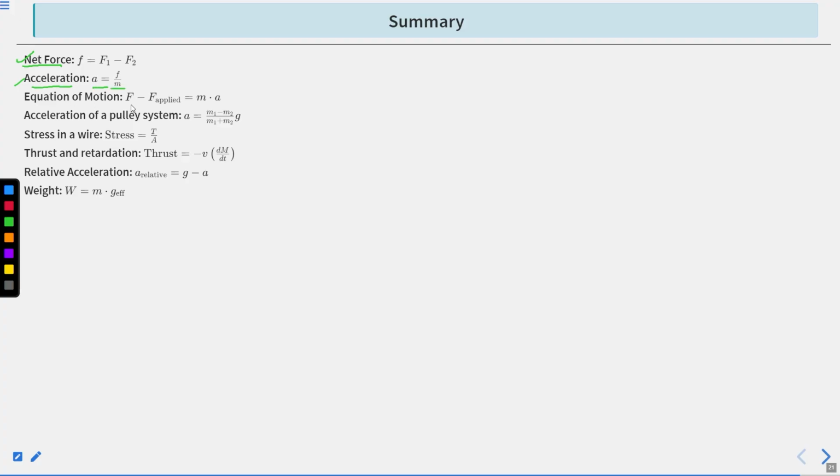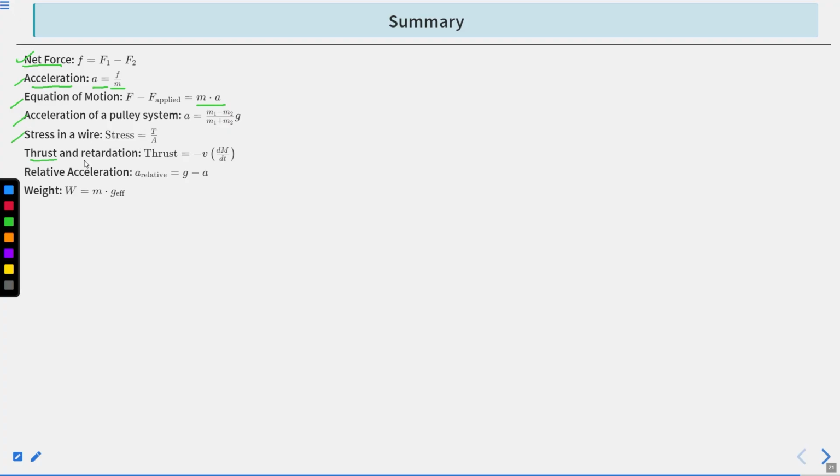Equation of motion: F minus F applied equals m a. Then acceleration of a pulley system a equals (m1 minus m2) divided by (m1 plus m2), multiplied by g. Then stress in a wire is equal to tension upon area, or force upon area.